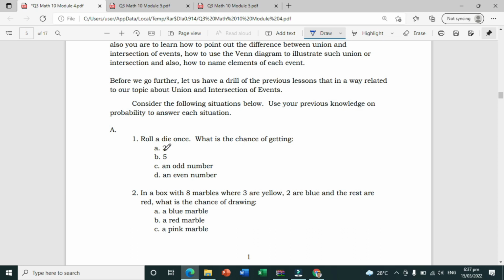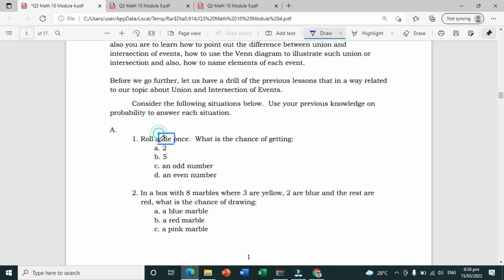Letter A. Number 1. Roll a die once. What is the chance of getting A, 2, B, 5, C, an odd number, and D, an even number? So, bago ko makalimutan, alam niyo ba ano itong die na sinasabi dito?